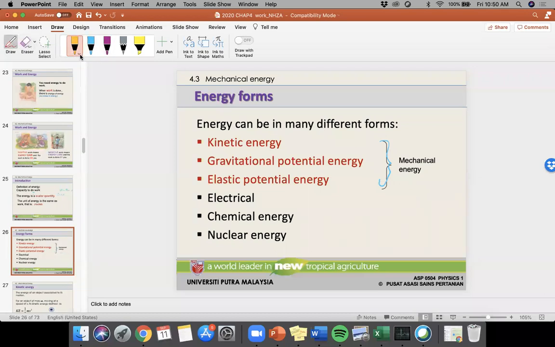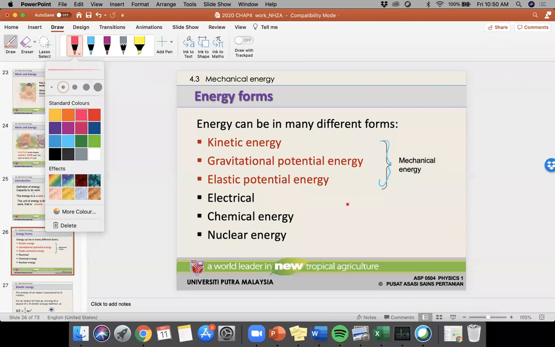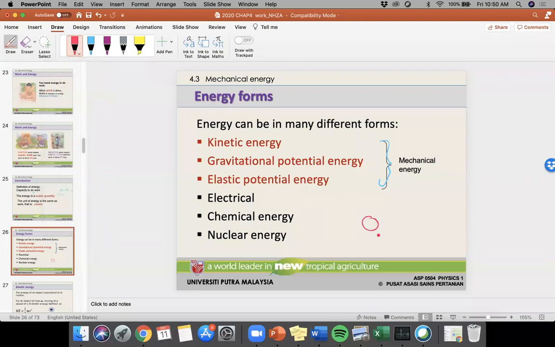Contohnya. Why is it called mechanical? So, I have a ball. Macam biasa. I have a ball and it is previously on ground. So my displacement is 0. And then my ball, I lift my ball by h.